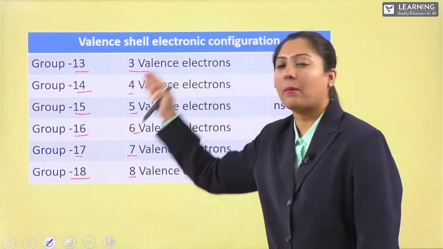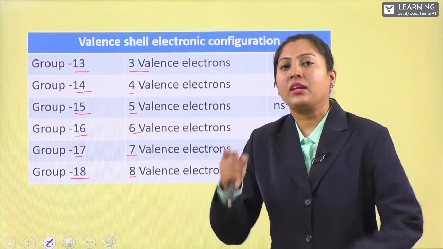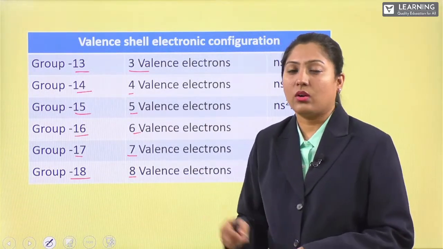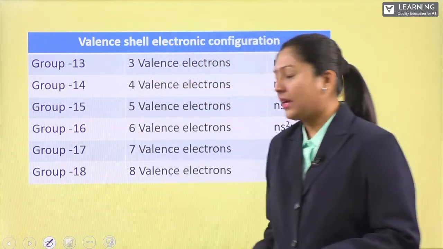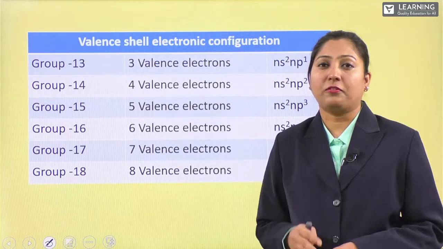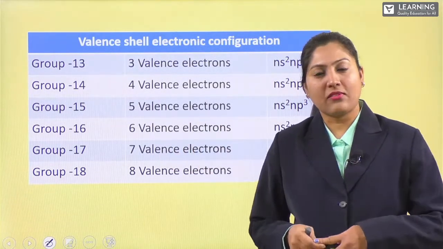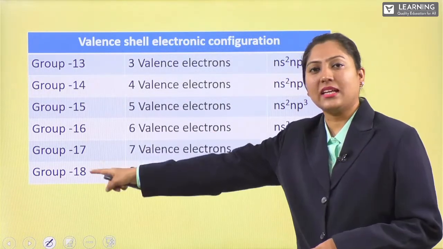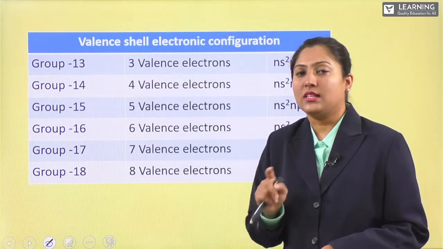So you can easily remember this. If we give you the group number, you can easily find its valency or valence electrons. If I ask you what are the valence electrons in group 15, you can easily say it's 5. In group 17, it's 7. That means 7 electrons are present in the outermost shell of group 17 elements.